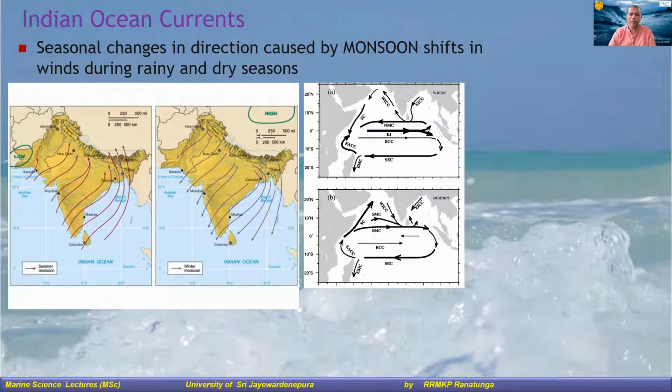Then the wind starts blowing from the land towards the ocean, right? Because it's warmer here, the light air starts moving up, and the wind tries to fill this space, resulting in wind blowing from the northeastern direction, and that's the northeastern monsoon, right?